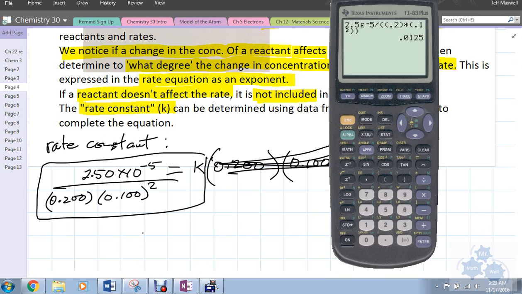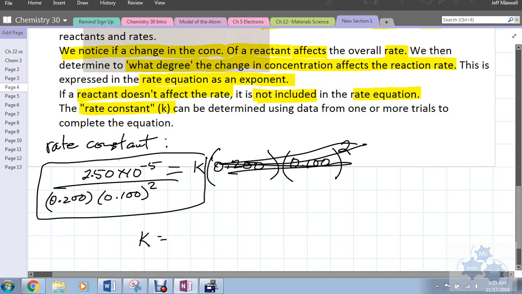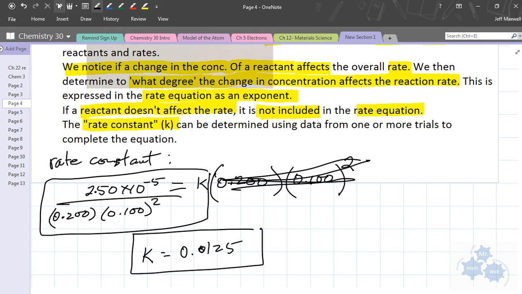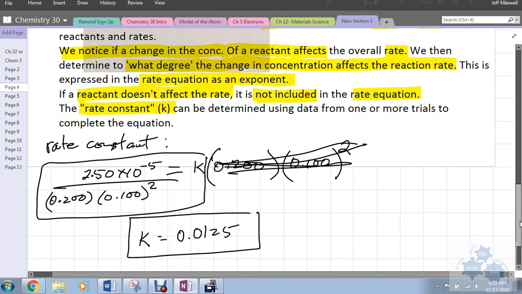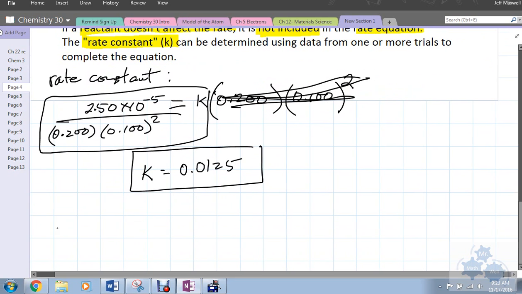Okay, so for the K value here, you evaluate this: 0.0125. 3 sig figs right there, 0.0125. So confirm that on your calculator as well. But the entire rate equation now is this.